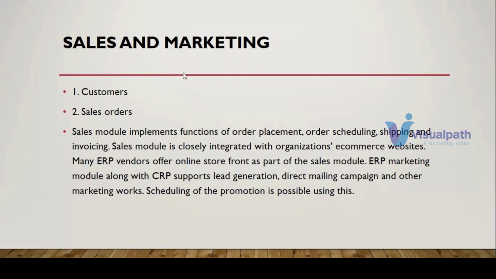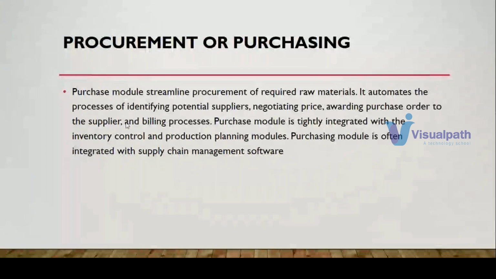So customer and sales order related data we have in the accounts receivable or sales and marketing modules. These are basic domain knowledge we need to understand for each of the important modules. So procurement or purchasing.